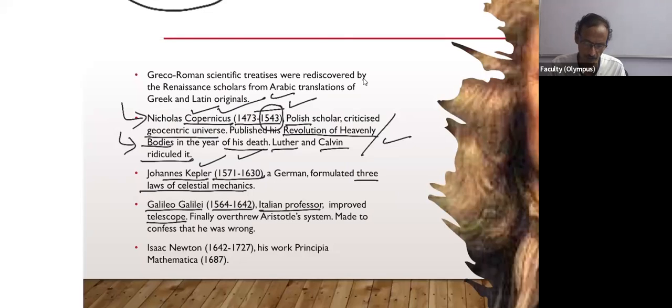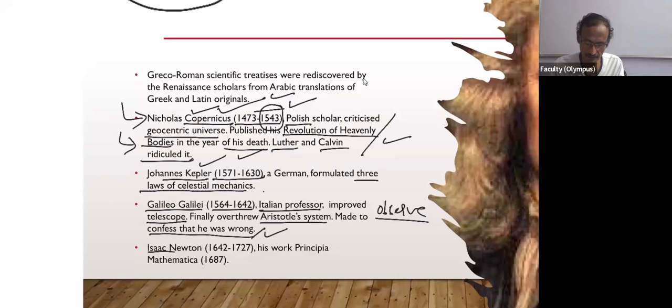He improved a telescope by which one can observe heavenly bodies and see for oneself that the earth was not the center of the universe. And this finally overthrew Aristotle's system. But then church forced him to confess that he was wrong. So that was how he escaped being called heretic and punished by the church.